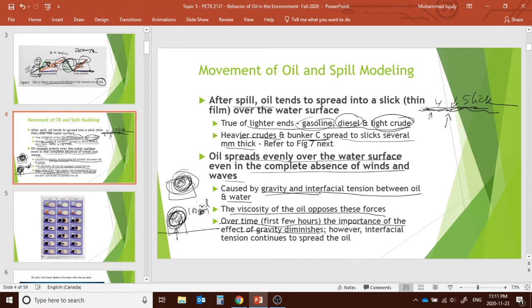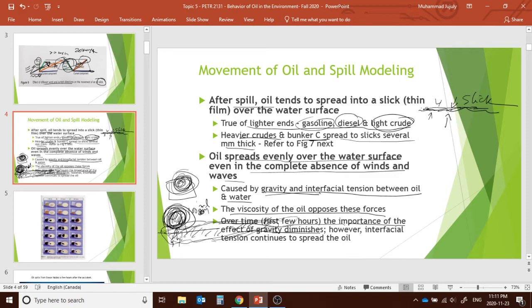But when it drops in the water and spreads around, the whole thickness of the oil will be several millimeters, and it has already spread around. So gravity acting on this lump is different from gravity acting on this bigger area with a thin film. That's why, after a couple of hours, when the oil has sufficiently spread around, the gravity effect diminishes.